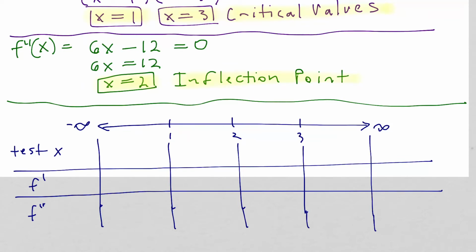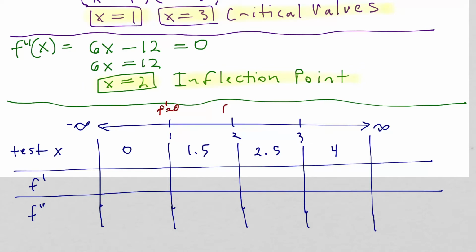So the test x's that I choose are 0, 1.5, and so on. I'm choosing any arbitrary value in between these values on my number line. It doesn't matter what you choose, so hopefully the easiest one possible. So let me also label on my number line, this right here was the value where f prime was equal to 0, so that's a critical value.